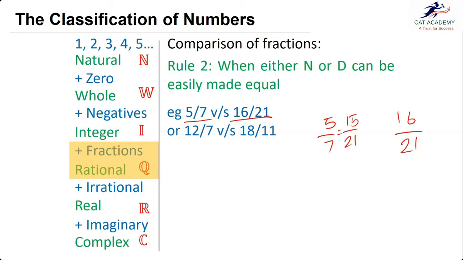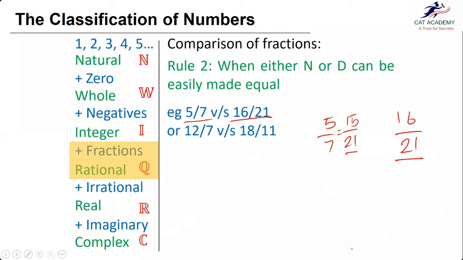Now I can check. I told you, for this you have to remember the cake logic. Denominator is the number of pieces in which I'm cutting the cake, and numerator is the size of the cake. So if you observe here, my number of pieces are the same.